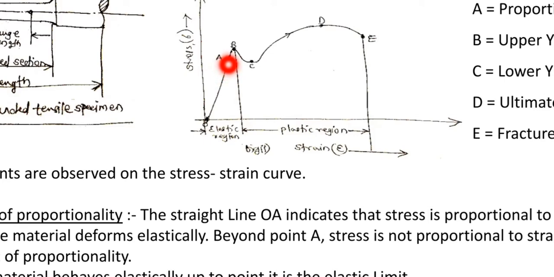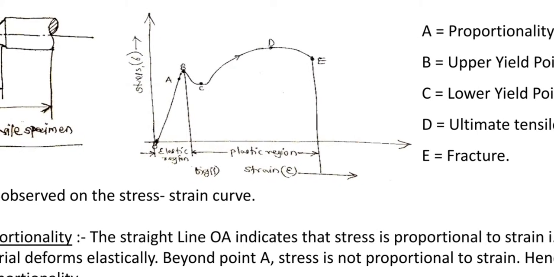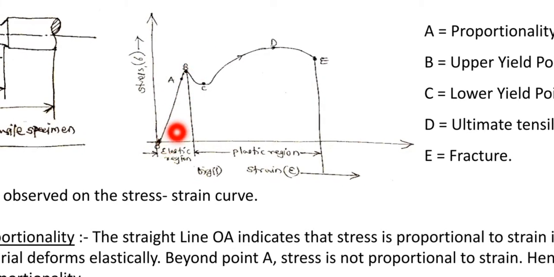With further increase in the force, the diameter of the specimen goes on decreasing and we reach point B. Point B is known as the upper yield point. From O to B, the object is within the elastic limit. From point B the plastic deformation starts.